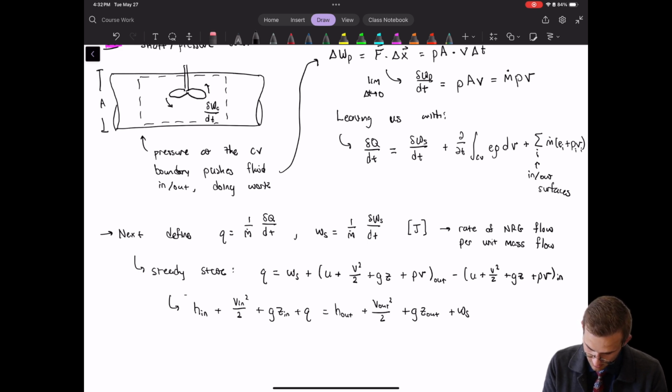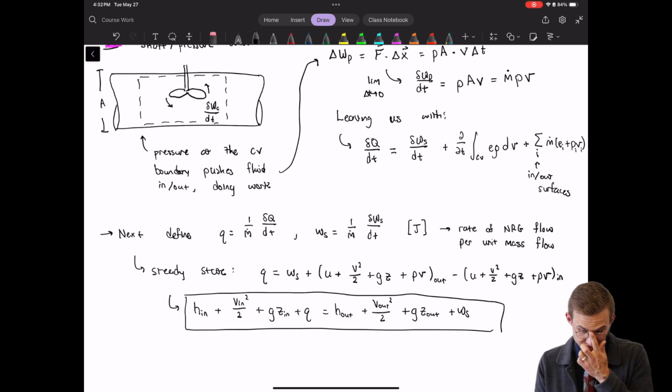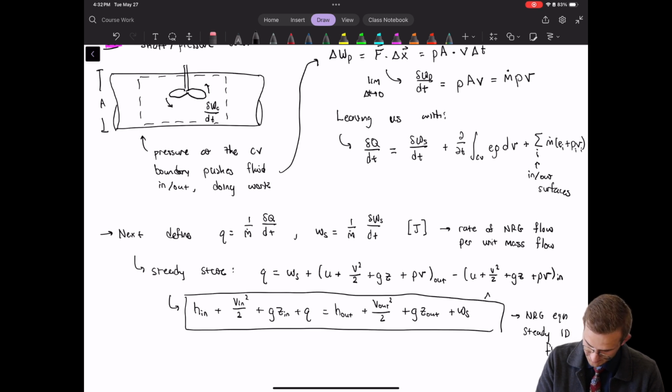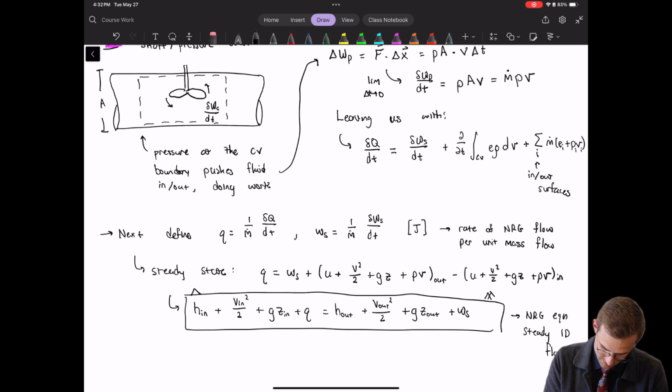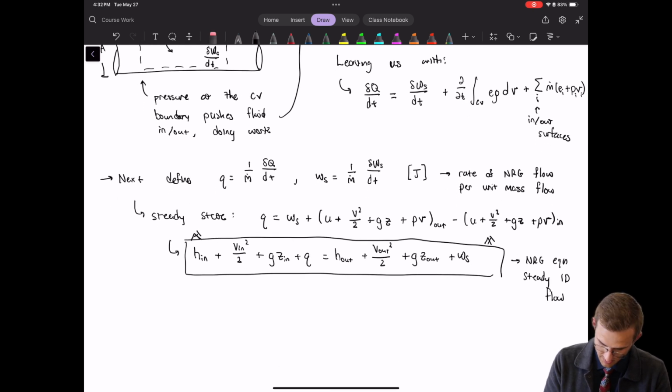Okay, and this is our energy equation for steady 1D flow. So keep this one in mind. I'll even frame it because it'll become useful later.